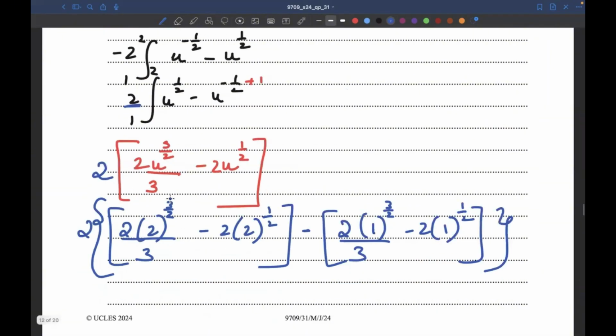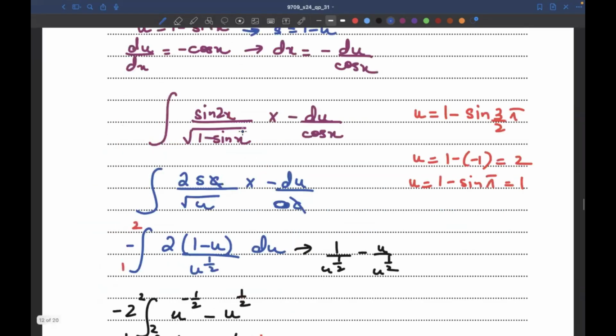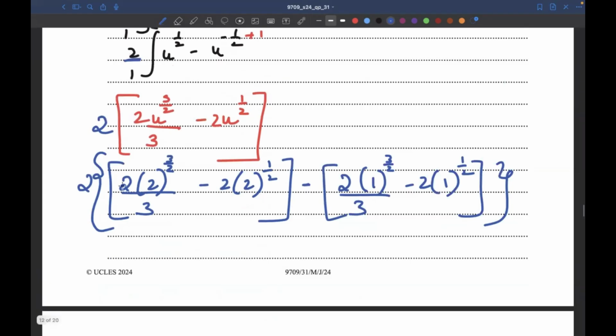Now 2 to the power of 3 upon 2, that will become square root of, and we have to give our answer in the form a plus b root 2. Okay, so 2 to the power of 3 upon 2 will become square root of 8, minus 2 to the power of half, which is root 2, minus 2 upon 3 minus 1.